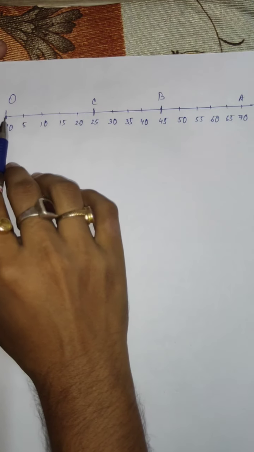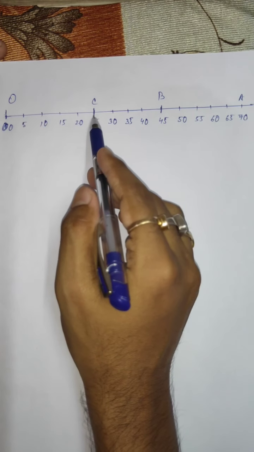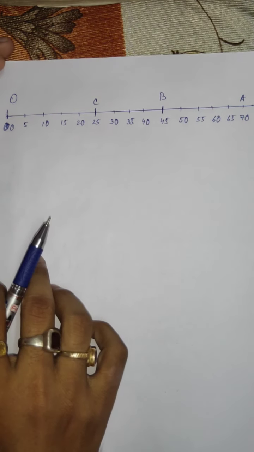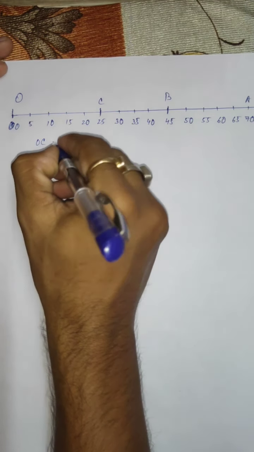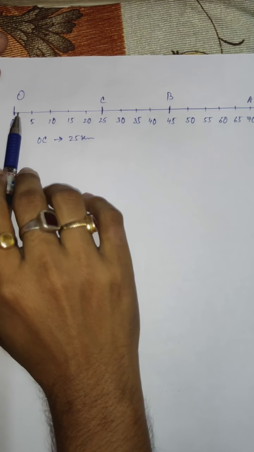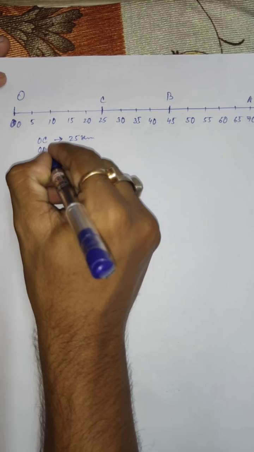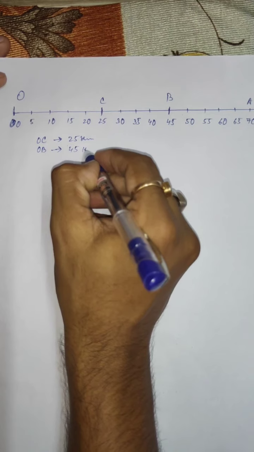Now, when an object starts from O and reaches C, it has traveled 25. See, first the distance OC is 25 kilometers. These are all distances in kilometers. When the object reaches the point B, then OB is 45 kilometers.